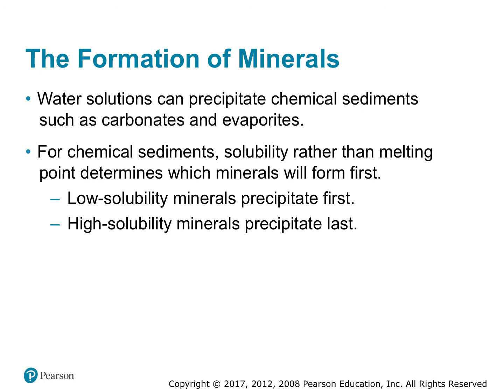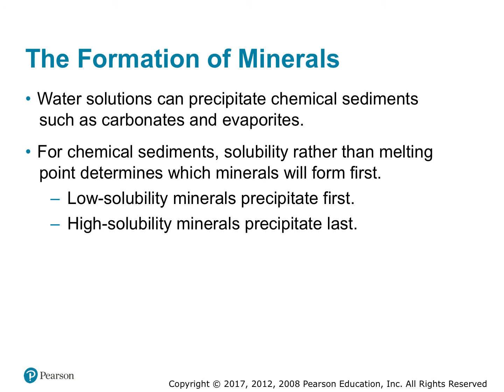Now, water solutions can precipitate chemical sediments such as carbonates and evaporites. For chemical sediments, solubility rather than melting point determines which minerals will form first. So when we're talking about crystals forming out of magma, where the magma is cooling down, what determines which things crystallize first is their melting point.